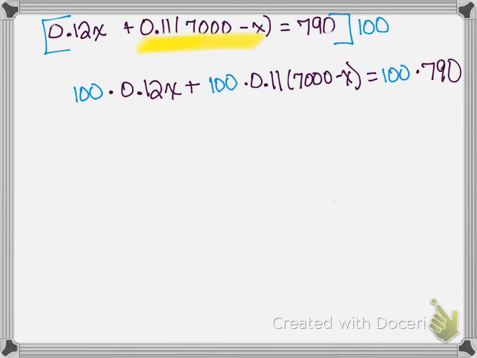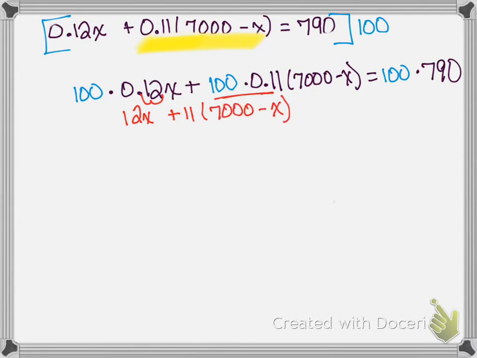Okay? So here I've got 100 times 0.12x. That's going to give me what? Good. I move it 2 spaces. Here, I multiply these two together. 100 times 0.11 is 11. Then it's the 11 that I distribute.